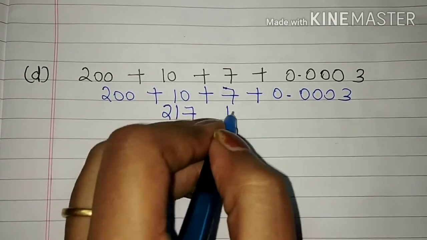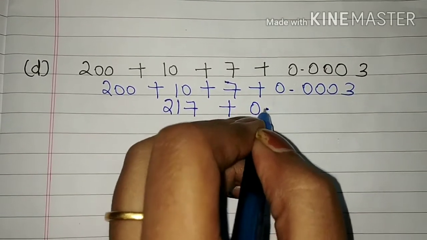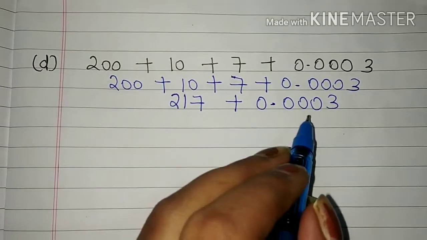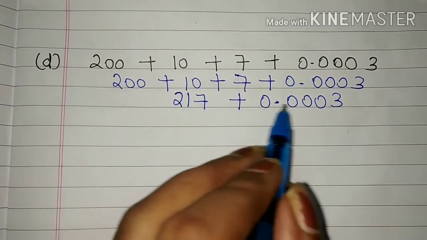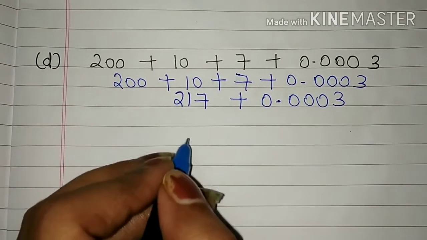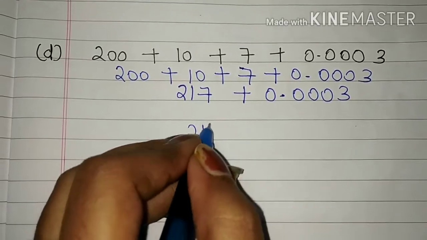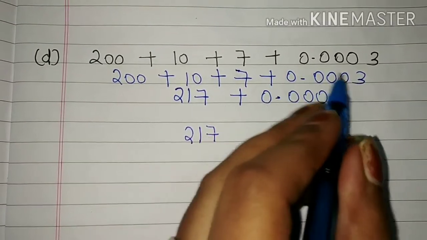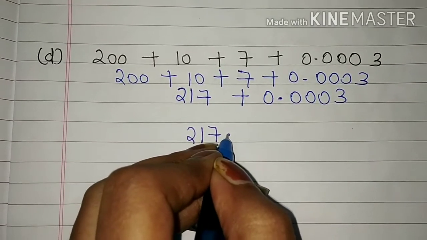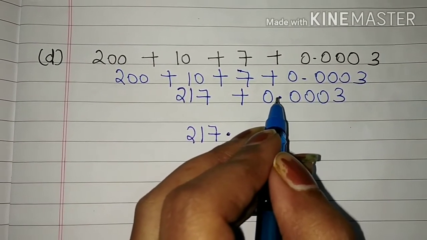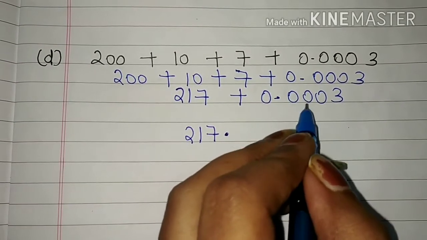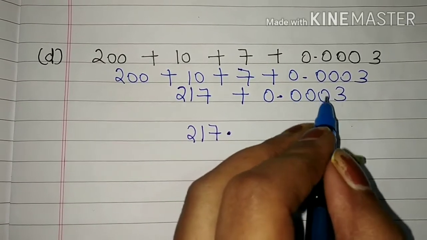Now plus 0.0003. Now students, we will add these two numbers. First of all, we will copy down the 217 here. 217. Students, you can see this number has decimal point. So we will put a decimal point here also. Now students, you can see here after a decimal point, 4 numbers are given to you. 1, 2, 3, 4.